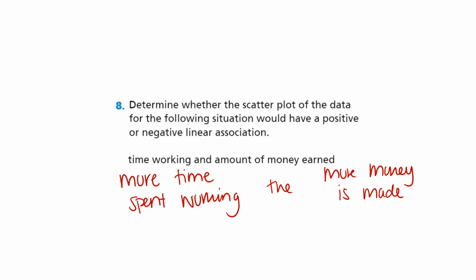So that's the statement that makes sense. The more time you work, the more money you make. Because the word more is used in both statements, we would call this a positive association.